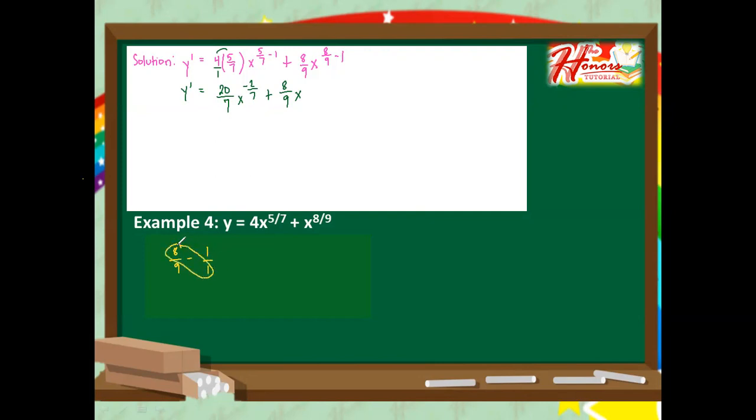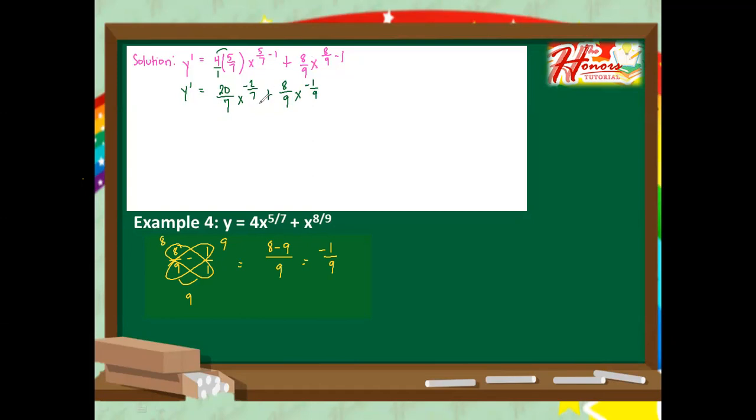So 8 times 1, that's 8. 9 times 1, that's 9. So we have here 9 times 9 is 9 also. So we have here 8 minus 9 over 9. 8 minus 9 is negative 1 over 9. So we have here x raised to negative 1 over 9.